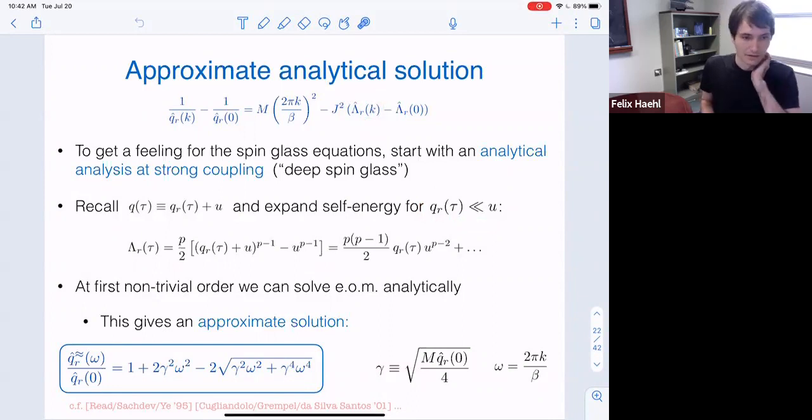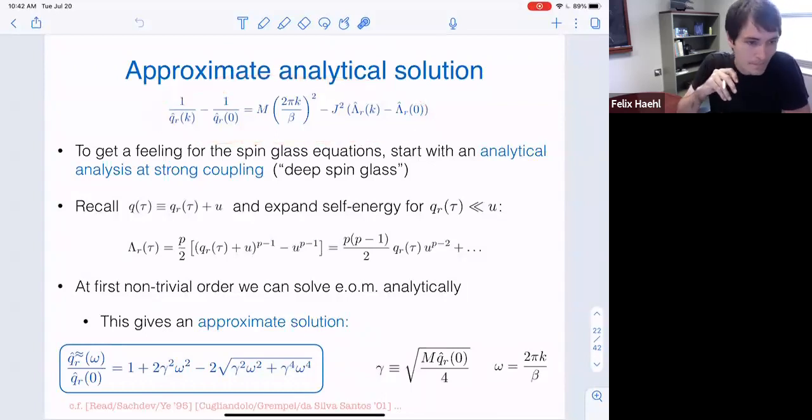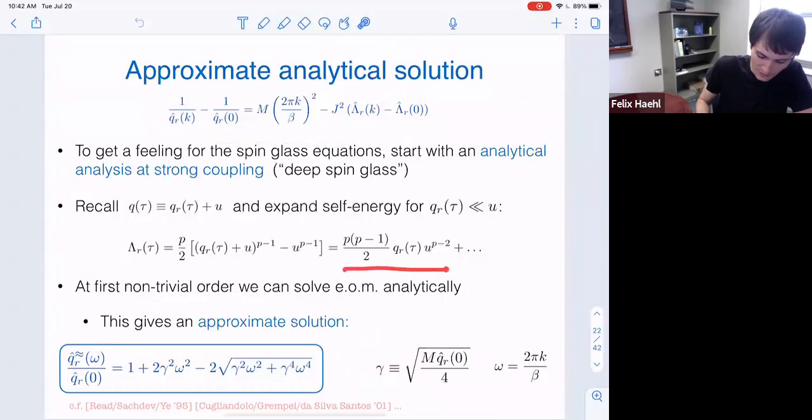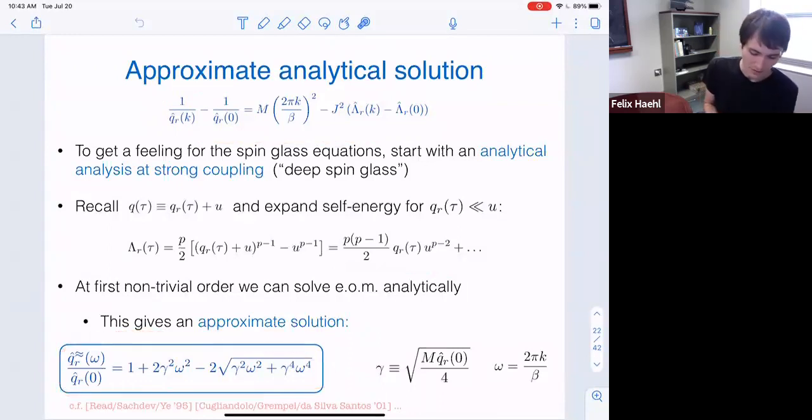Okay, and when you do this expansion, the equation simplifies in a way that you can solve it analytically. If you just keep the first order term in this expansion, you can solve the equation precisely and analytically, and you find an approximate solution, QR approx, to this leading order equation of motion.